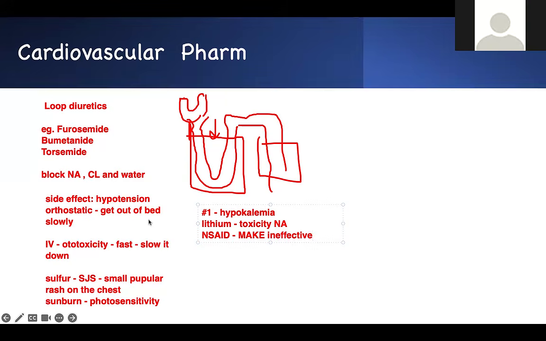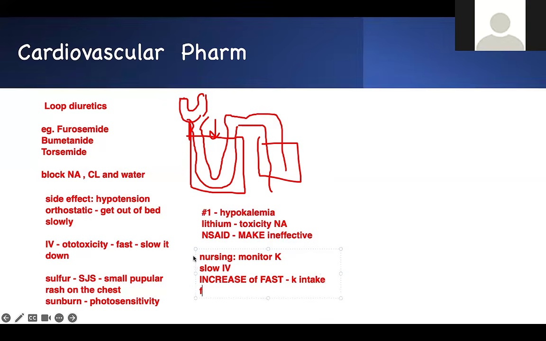Straightforward, right? Nursing consideration: monitor the patient's potassium. You know that, right? You've got to monitor the potassium, slow the infusion down so that you can prevent ototoxicity, right? And tell the patient to increase intake of what? Potassium-rich foods.